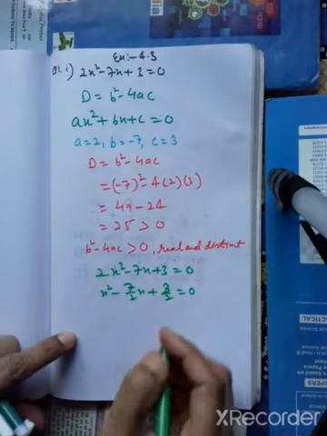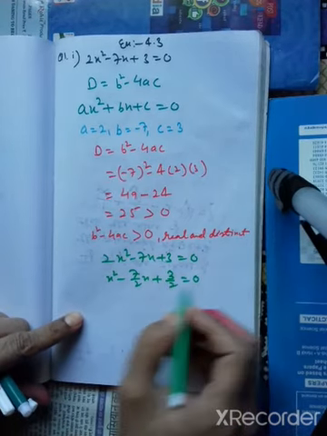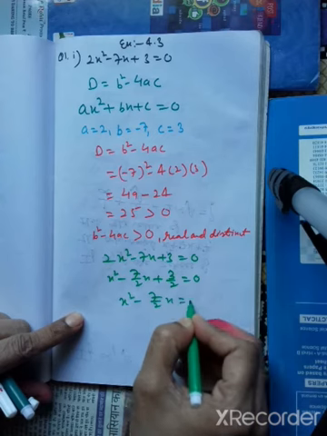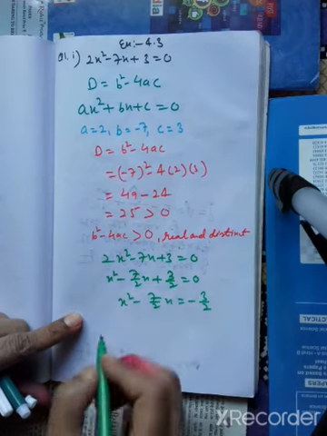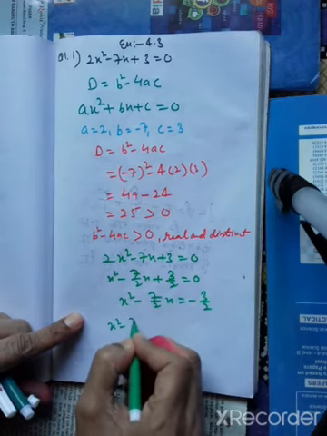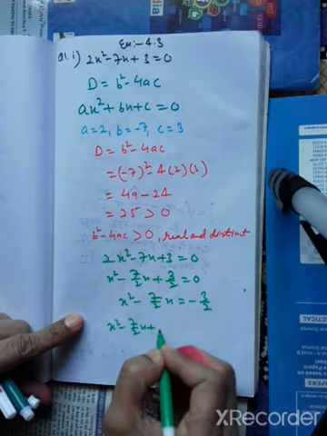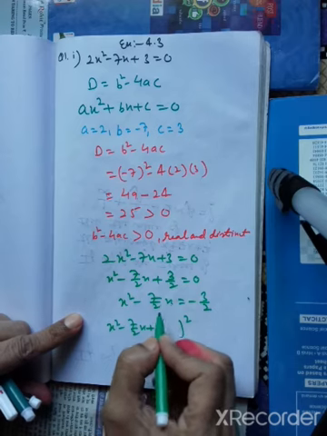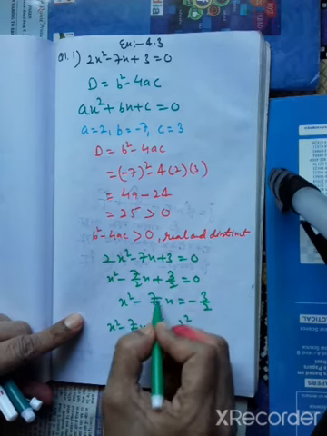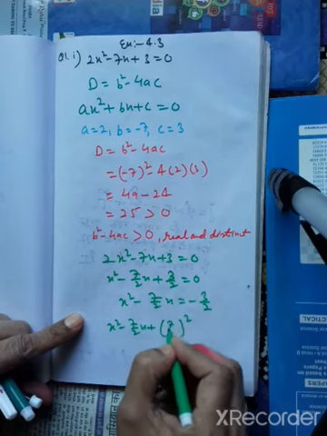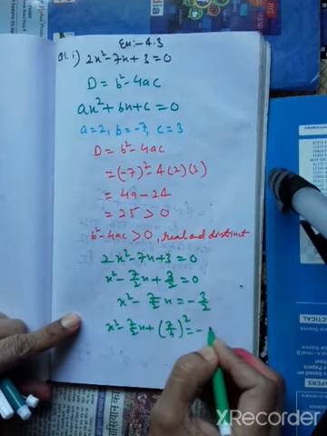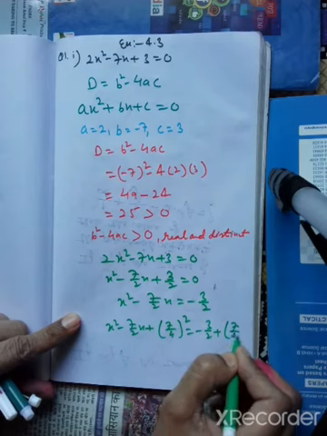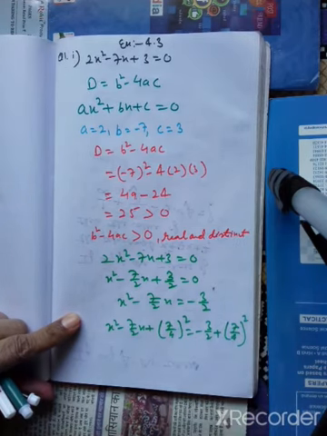Then transposing the constant term to the right hand side, x square minus 7 by 2 x equals minus 3 by 2. Then adding the square of half the coefficient of x on both sides. Half of 7 by 2 is 7 by 4, so this equals minus 3 by 2 plus 7 by 4 whole square, right?